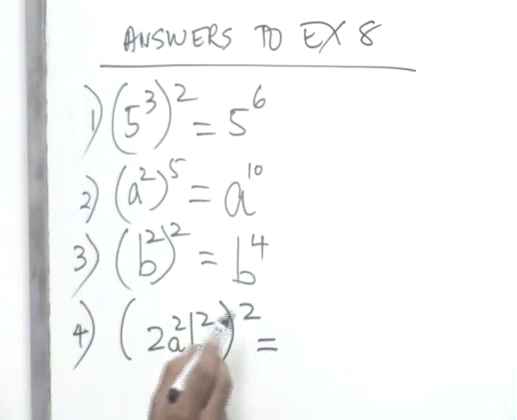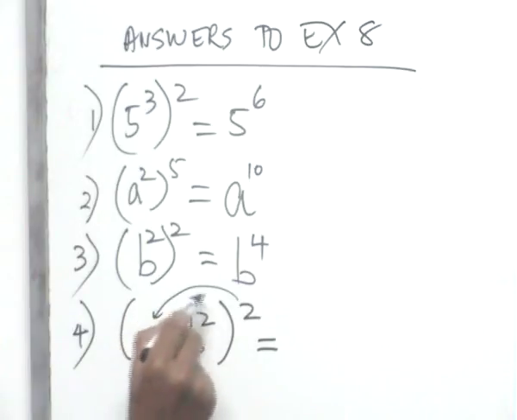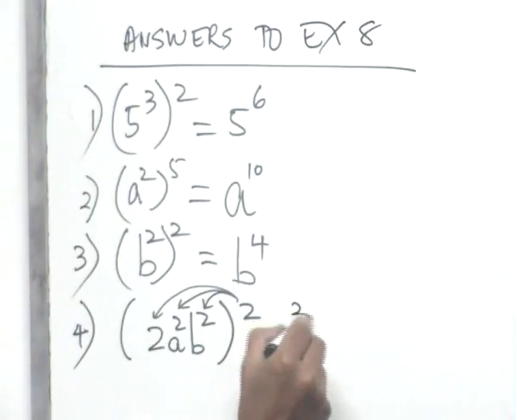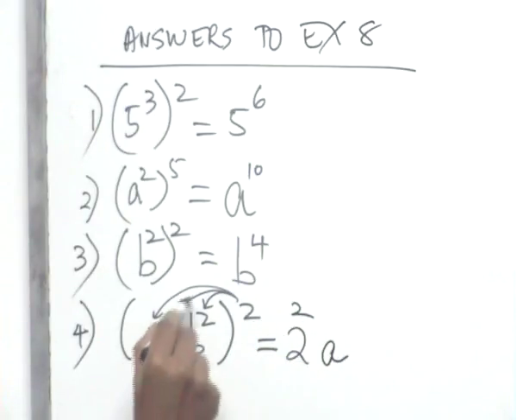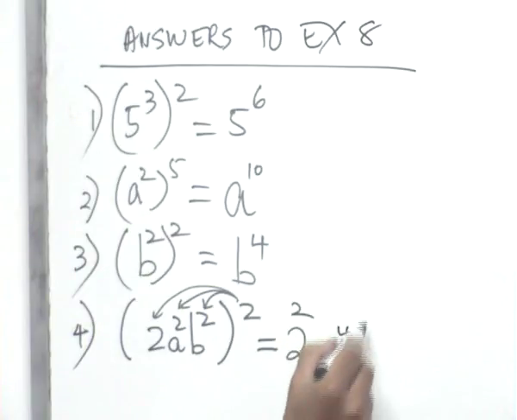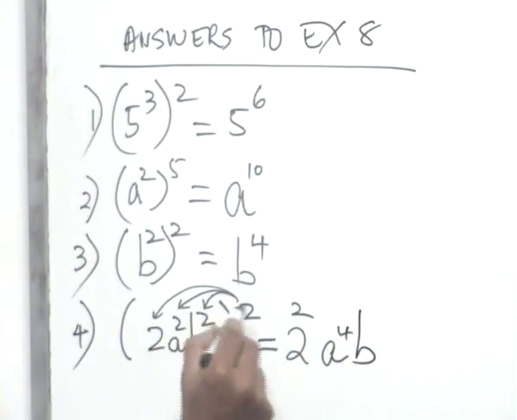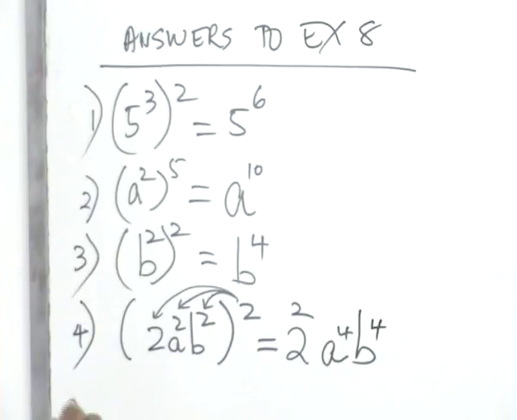Although the right word for this is index or exponent, sometimes people say power 2. Well, it's fine. Now this 2 goes on to each factor there. So you'll get 2 squared, a to the 2 times 2, 4, b to the 2 times 2, 4.